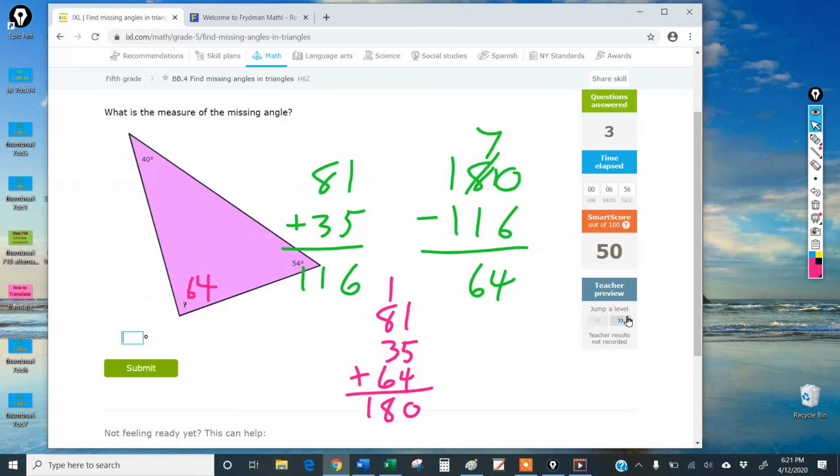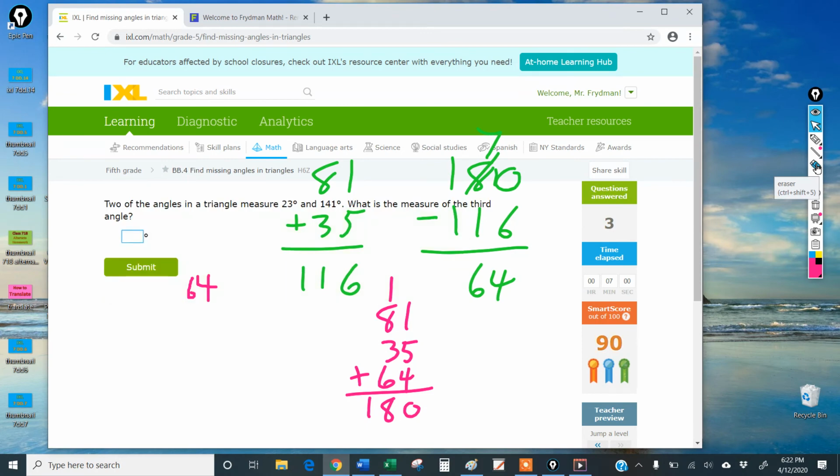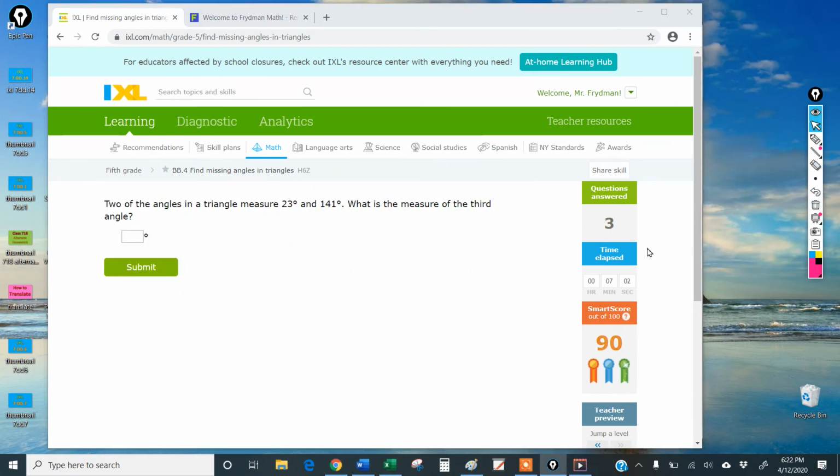I'm going to jump a level here, and I think the only change is that I get words instead of pictures. So here I have, just in words, something exactly like what we saw before. Two of the angles in a triangle measure 23 degrees and 141 degrees. What is the measure of the third angle?